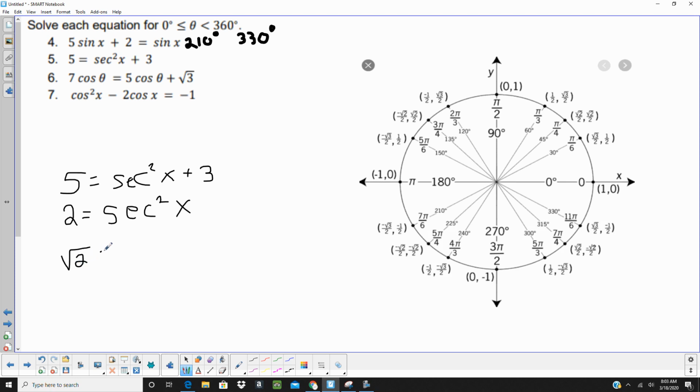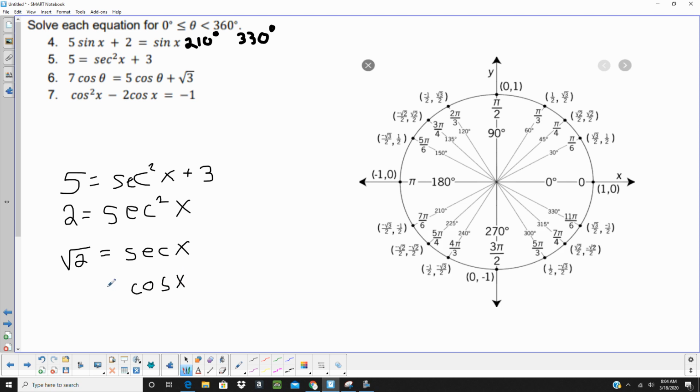To get rid of that square, I take the square root. Square root of 2 equals secant x. Well, I don't really want to deal with a secant, so I think to myself, what is the reciprocal of secant? The reciprocal of secant is cosine. So I'm taking the reciprocal of the right-hand side and getting cosine.